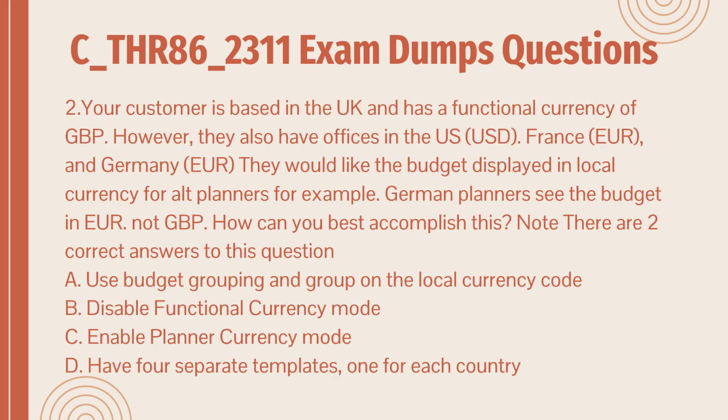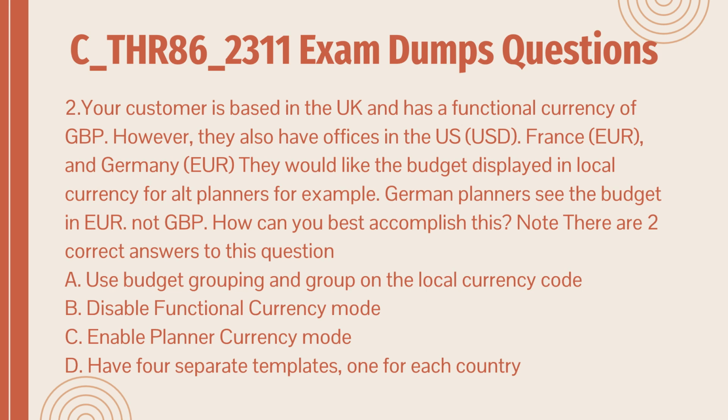2. Your customer is based in the UK and has a functional currency of GBP. However, they also have offices in the US, USD, France, EUR, and Germany, EUR. They would like the budget displayed in local currency for all planners, for example, German planners see the budget in EUR, not GBP.